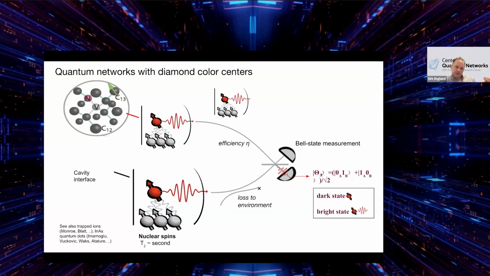Suppose it was the other manifold where you had bright, bright. If you apply a pi pulse, you'll have dark, dark, and the probability that you will get a click in one of the two detectors will be very low. So this two-step sequence, which is called the Barrett and Kok protocol, is one way to mitigate the problems of photon loss in the spin photon gate to establish entanglement.